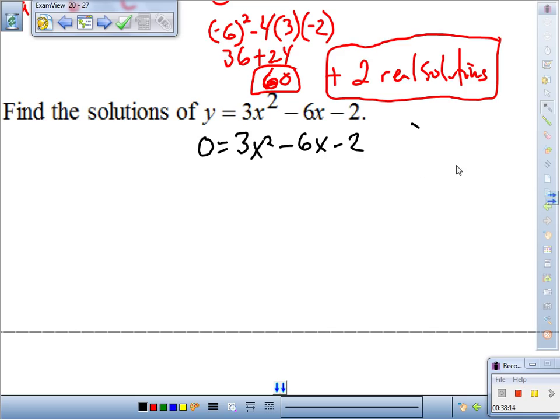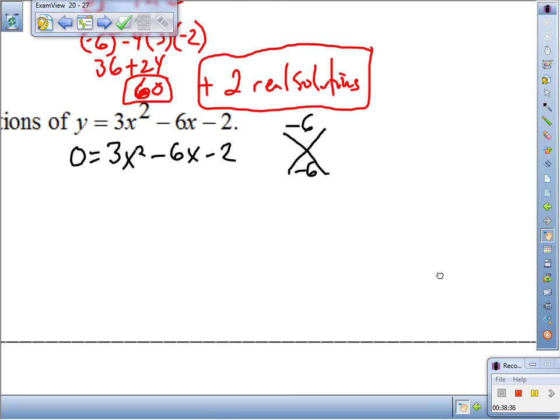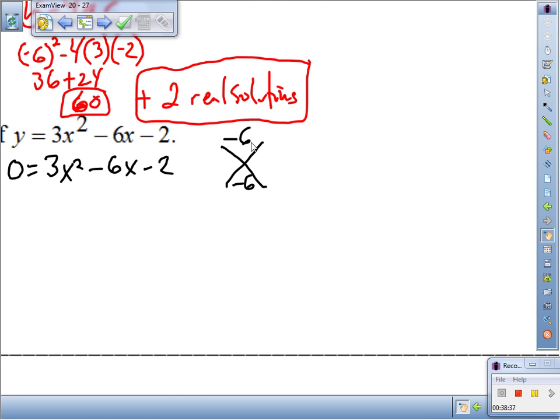Let's see. 3 times negative 2 is negative 6, and this one is negative 6. What two factors of negative 6 add up to negative 6? There is none. Therefore, we need to use the quadratic formula. That is correct.